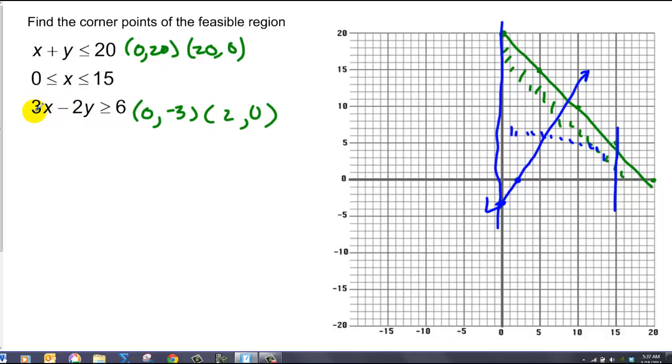So I say 0 is greater than 6, which isn't true. So I shade the other side, which means my triple shaded region in this case is this area here.